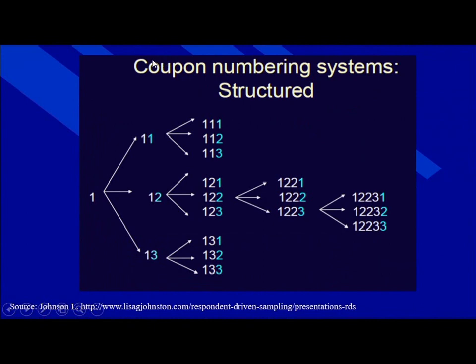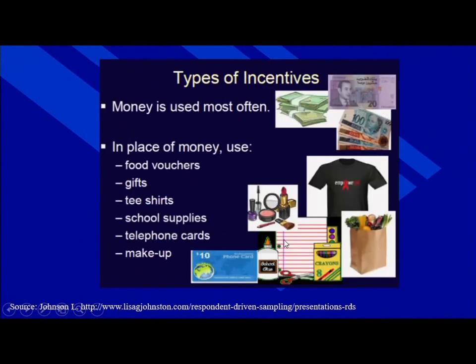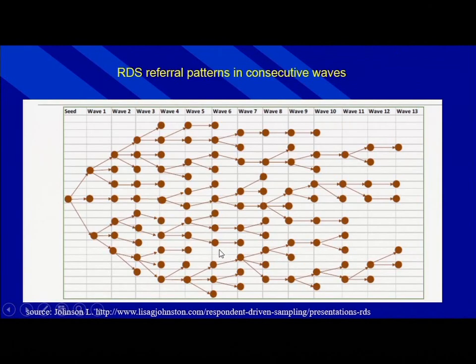There is a certain numbering system we can use to decide on the waves as the sample goes forward. According to the numbers, they are sequential. There's often money given in this approach, but we also can do other types of incentives, such as T-shirts or phone minutes or internet minutes, etc.